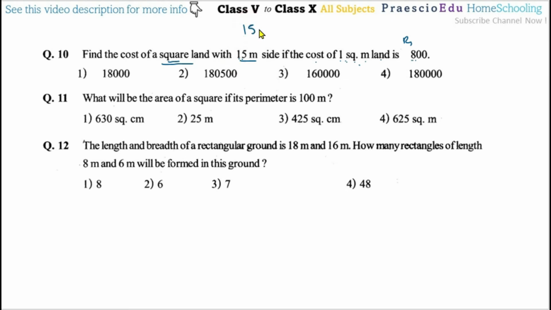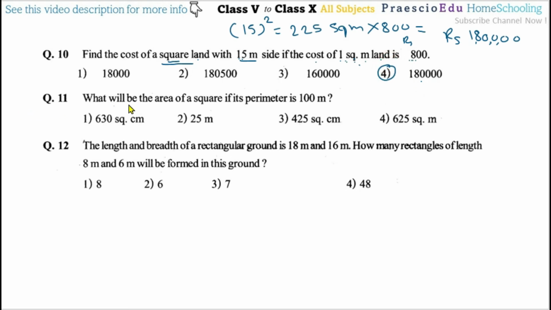So 15 square is 225 square meter, the area of that land, and 1 square meter of area has rupees 800, so multiplying by 800, that is equal to rupees 1,80,000. So after this multiplication, this is given in option number 4.